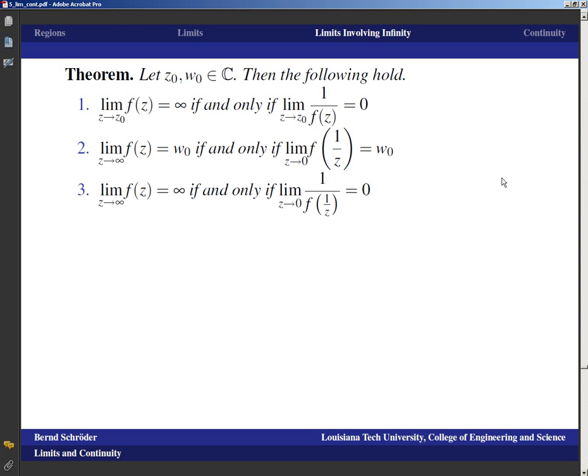The limit as z goes to infinity of f of z is equal to infinity if and only if the limit as z goes to 0 of 1 over f of 1 over z is equal to 0. Output gets large means 1 over the output gets small. Input gets large means 1 over another input that goes to 0 would get large also.